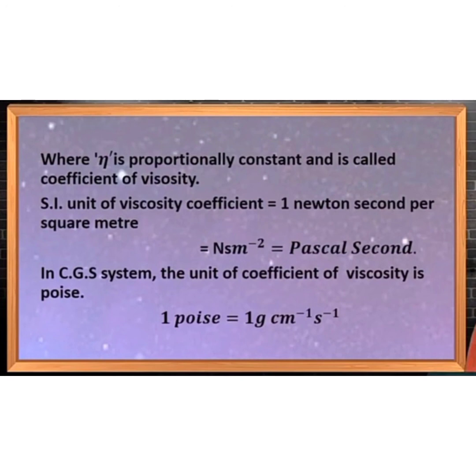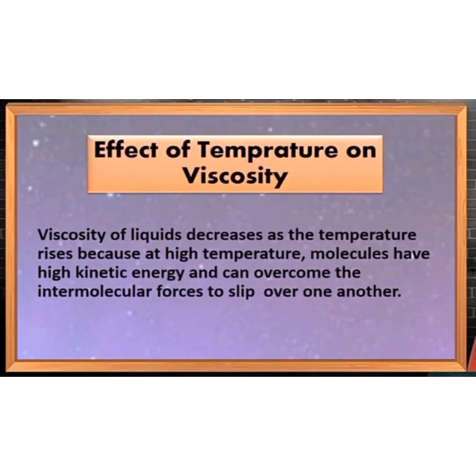Therefore, F = ηA du/dz, where η is the proportionality constant and is called the coefficient of viscosity. The SI unit of the viscosity coefficient is Newton second per square meter.